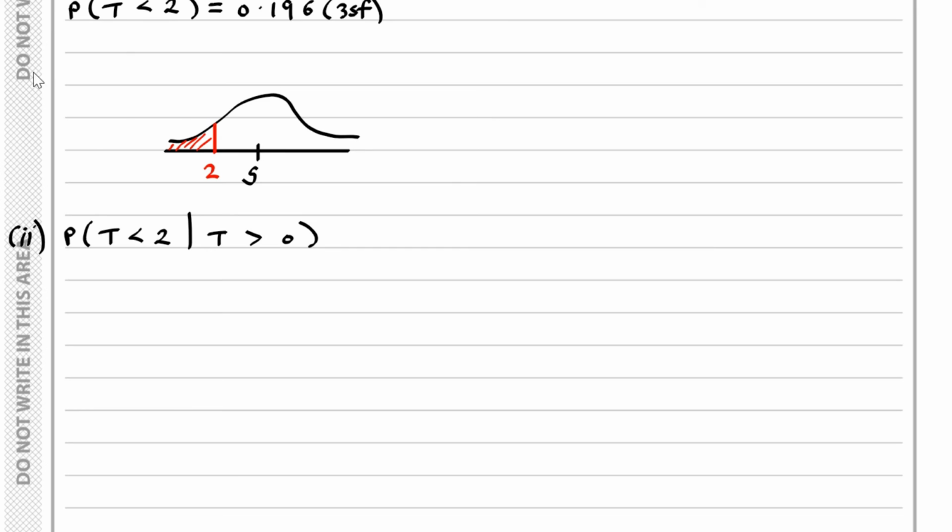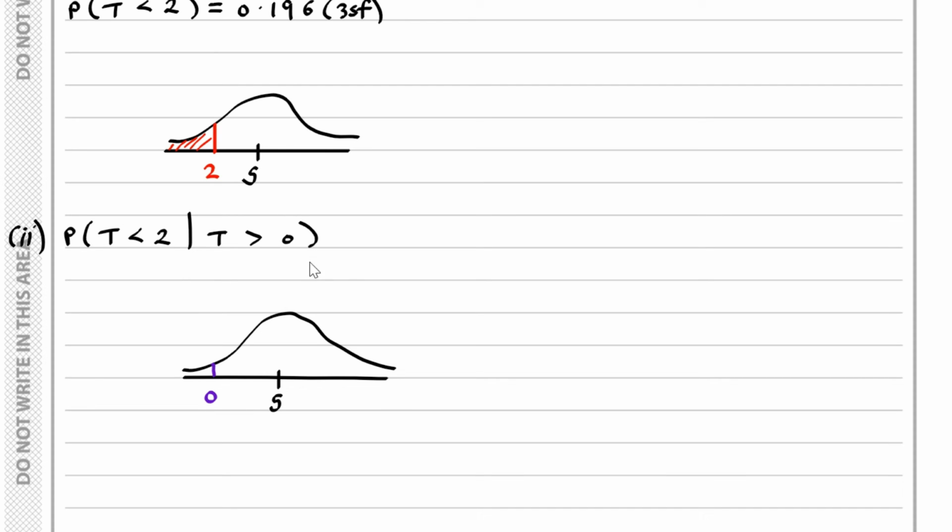So if we sketch this out again, we have a normal distribution, something like this, with mean 5. Let's suppose 0 is here somewhere.